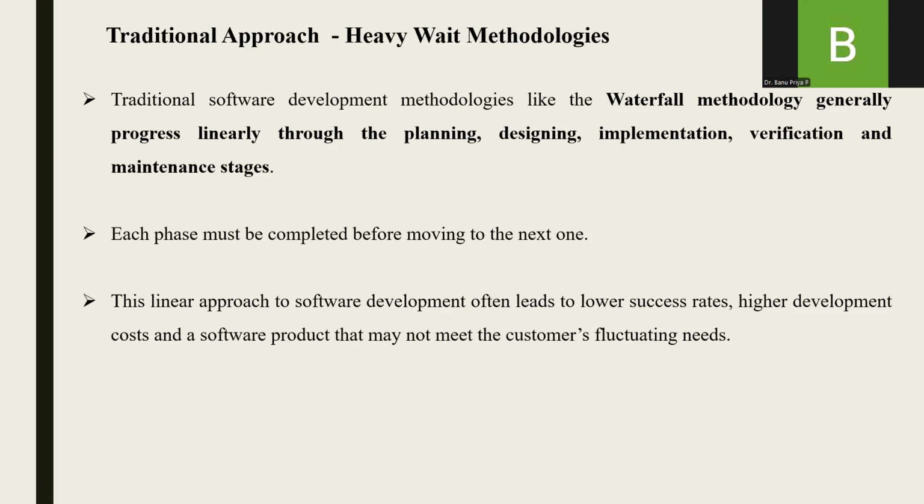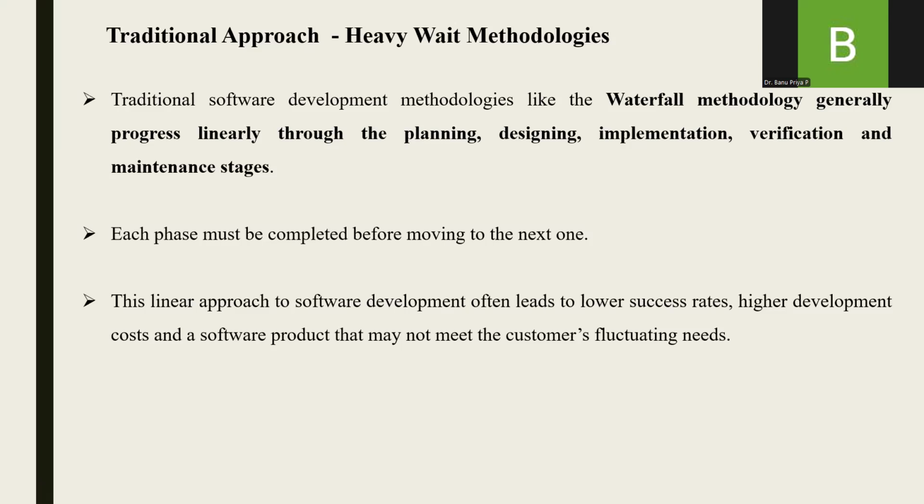Also, the specifications and requirements have to be given at the first stage itself, and customers will not be allowed to give the requirements in the middle. After the complete project is done, only then a deliverable is given to the customer. Also, each phase must be completed before moving on to the next phase.